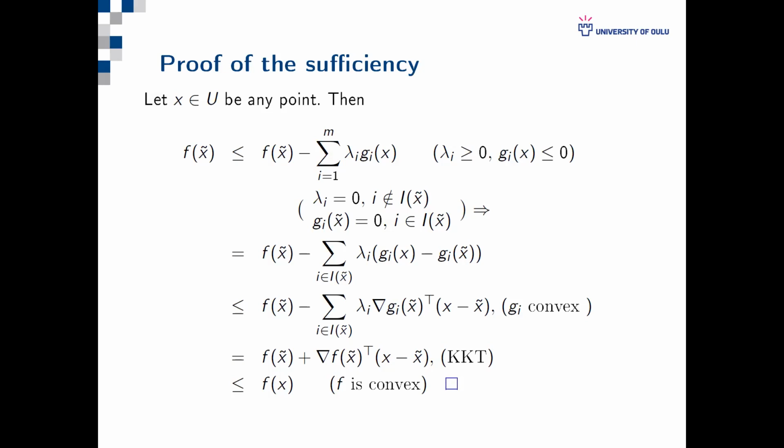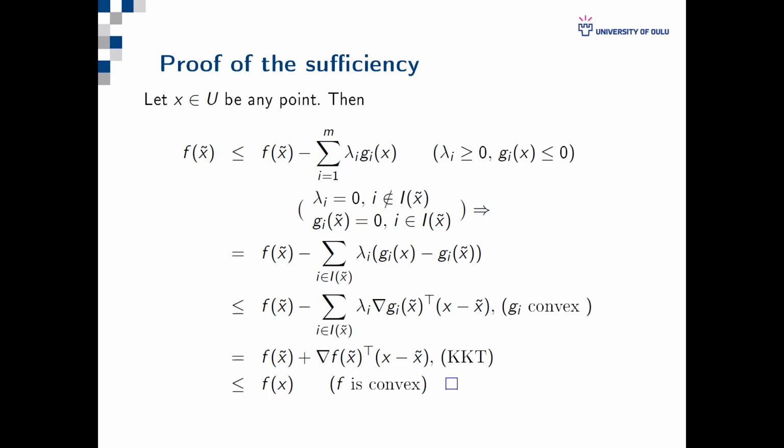And we have f(x tilde) is of course less than f(x tilde) minus lambda_i times g_i(x) for any lambda_i which is non-negative, and g_i at x are non-positive. So this number is negative and we multiply it by -1. So this right-hand side here is for sure larger than the left-hand side.